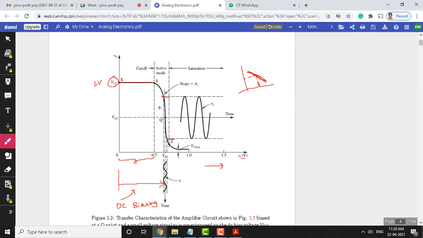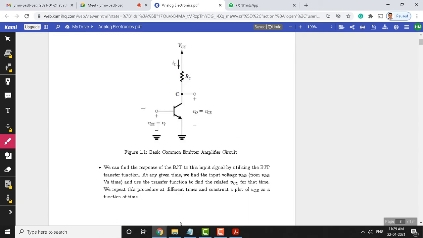Now, let us look into the circuit and see the same thing here. This is the input signal. We are applying a cosine signal as an input, Vi = Vi cos omega t, that is the input we apply.